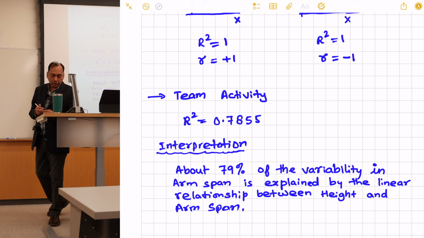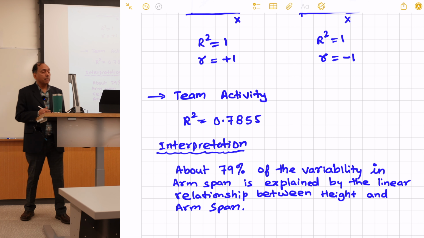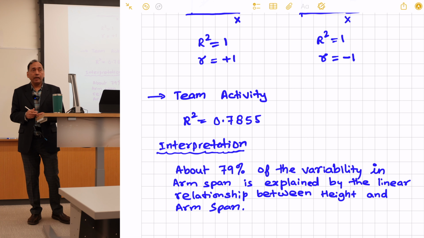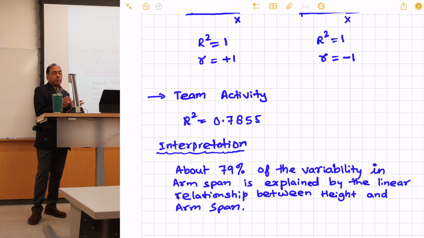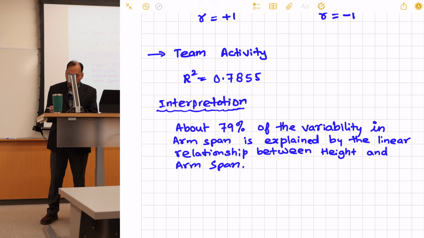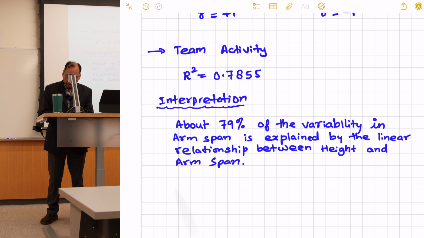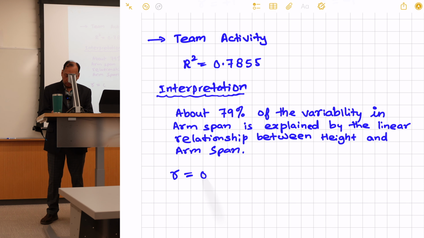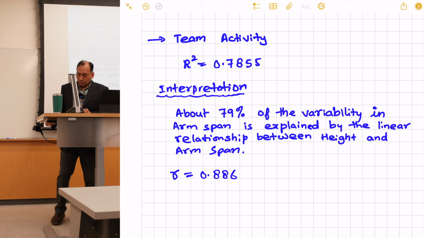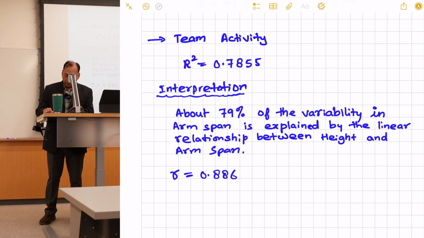About 79% of the variability in arm span is explained by the linear relation between height and arm span. So that model explains about 79% of variation. So once you have R square, you can calculate R very easily. That was correlation coefficient.